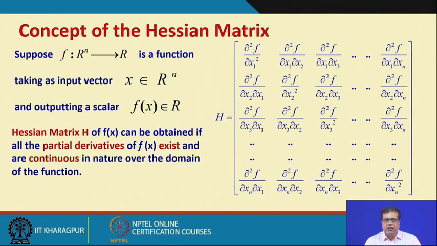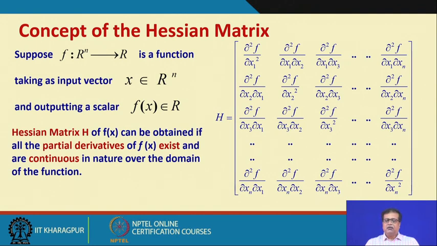So, you look on this side of the screen, we have a Hessian matrix format. Supposing a function f is having a number of variables, let us say x 1, x 2, x 3, x 4, x 5, x 6 and all the way up to x n, then the Hessian matrix will be del square f del x 1 square, then del square f del x 1 del x 2. Basically, it is nothing but del x 1 of del f del x 2, right.